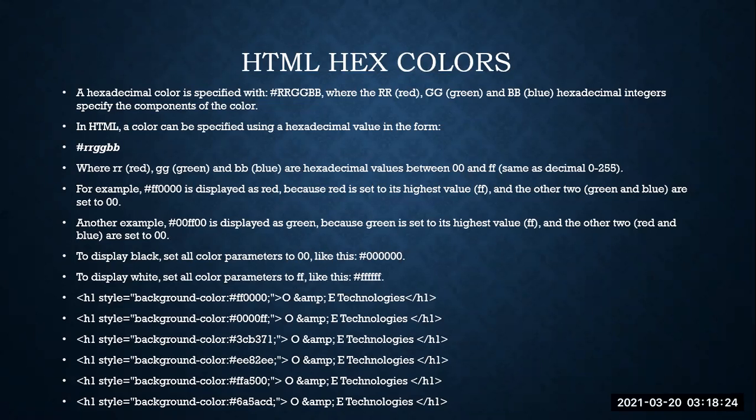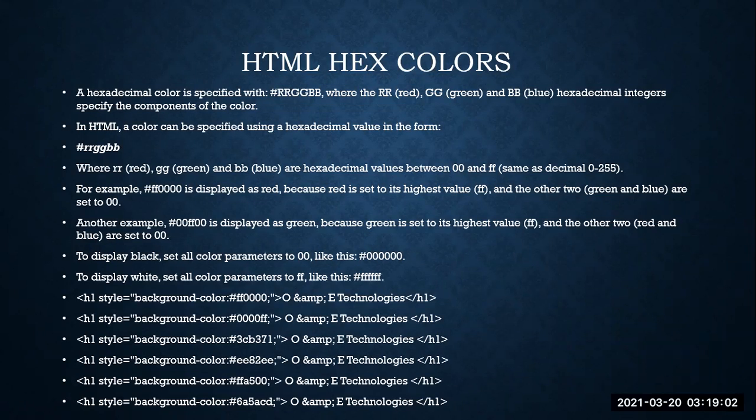So with the same values, instead of using 0 to 255, you use 00 to FF. That's the hexadecimal value of your color code. It's just like in RGB, when you have all the colors at 0, 0, 0, you have black, and when you have 255, 255, 255, you have white.